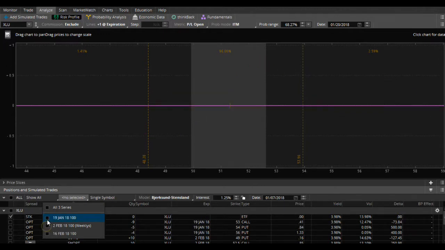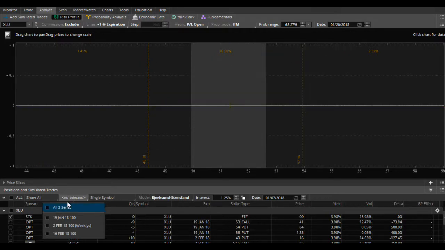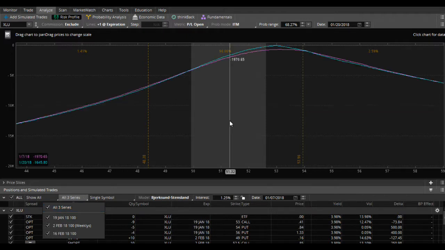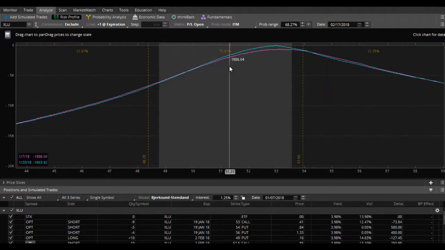Looking fine. And then this one, we really wanted to see XLU in between 53 and 54, and so we'll see if we get a move up here in this one. Overall, our position in XLU looks like we're down. Well, let's just get to the most recent expiration.